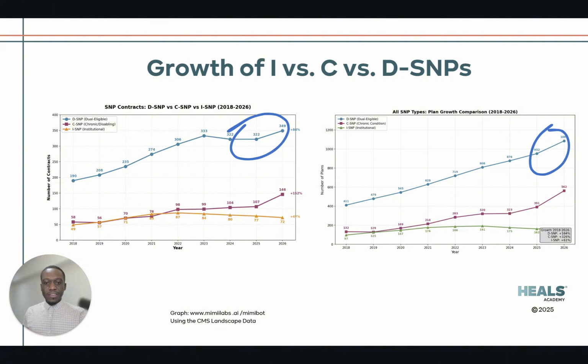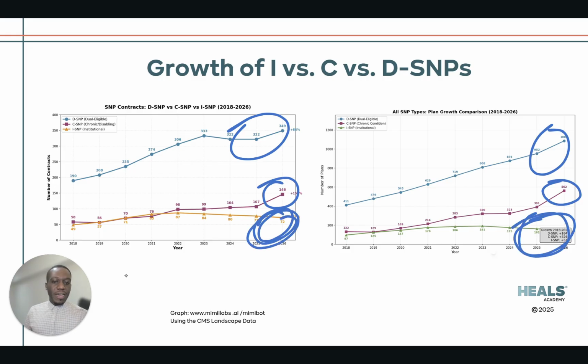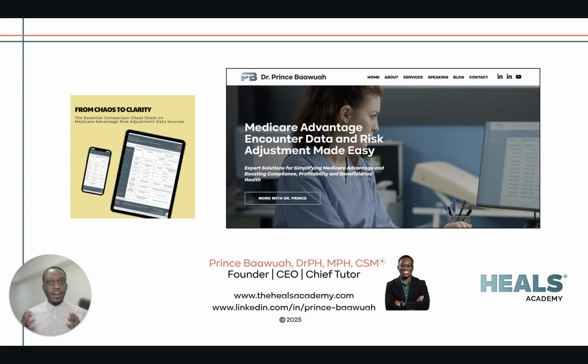You can see C-SNP is increasing, but the I-SNPs are going down. That is what we have for today, as we've covered the various types of SNPs and how each one of them has been growing over time, and seeing where companies are shifting contracts and plans depending on the number of offerings in this space of special needs plans.